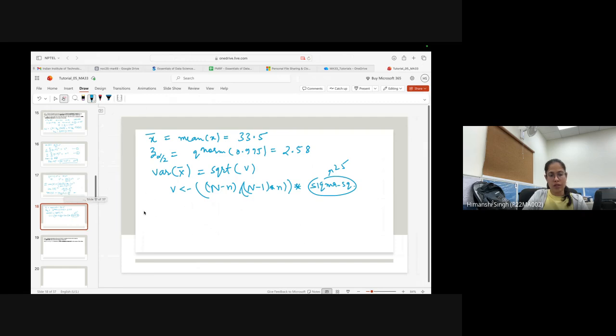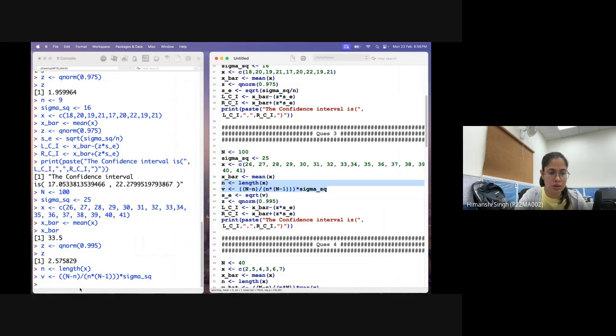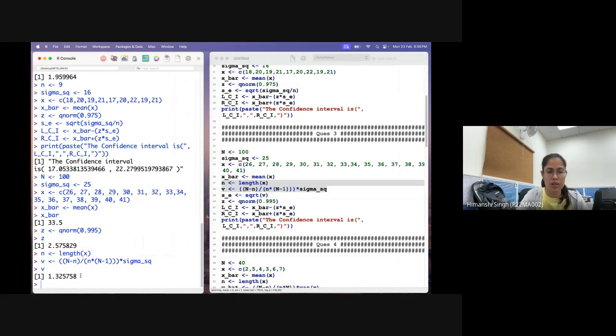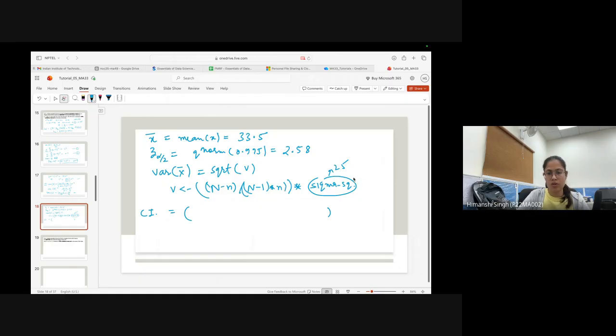So the confidence interval will be, let me calculate. In R, I have just calculated this V. So it is (N minus n) divided by (n into (N minus 1)) into sigma square, and sigma square is 25. So this quantity V is coming out to be 1.3257.